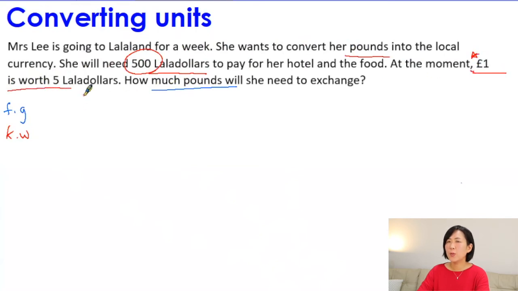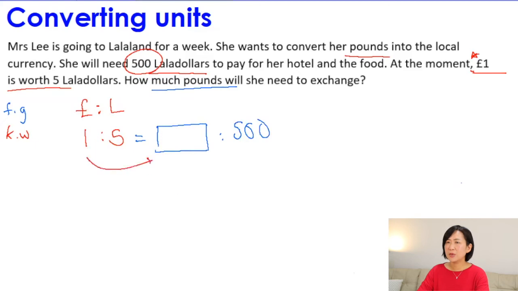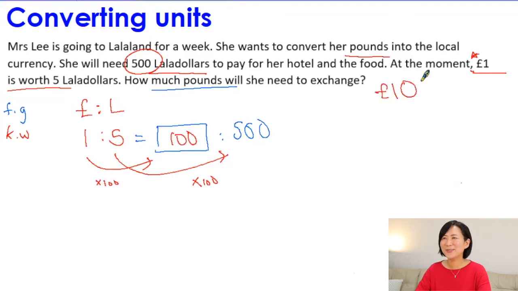The ratio of pounds to dollars is 1 to 5. So that is equal to, again, you've got a missing value, that is the pounds. Then she needs $500. So let's see, 5 became 500. That means we times by 100. The answer is she needs 100 pounds.